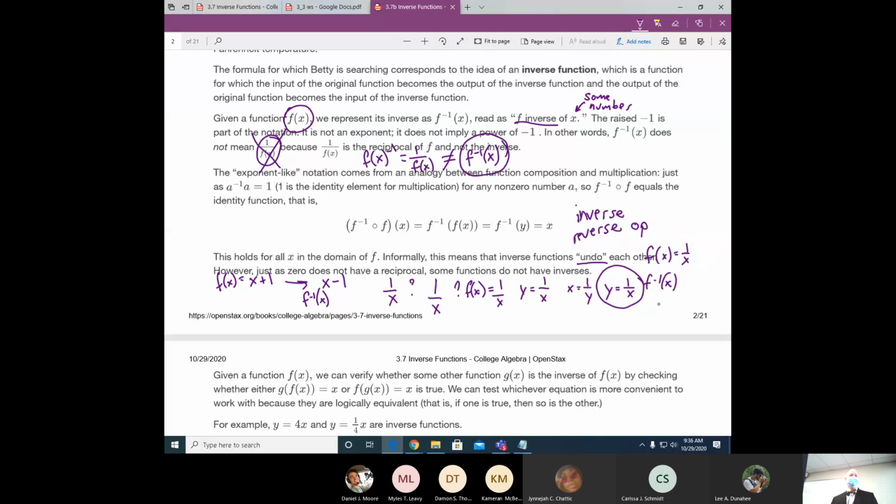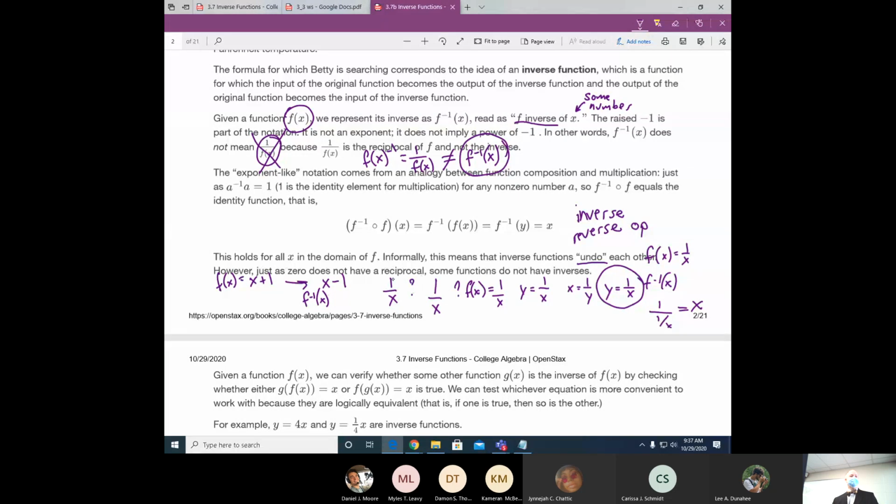Another way to think of it is 1 over 1 over x gives me back x. So this is an interesting one where the f of x is the same as its inverse. And you can kind of think of that mathematically. 1 over x is the inverse of x.